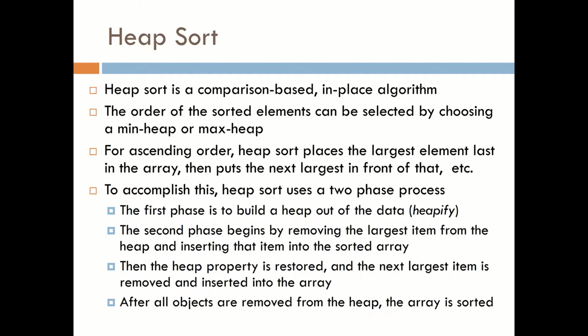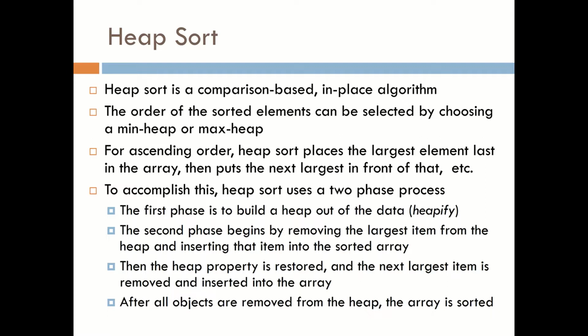So to do this, we use a two-step process. We begin with an unsorted non-heap array, and the first thing we do is we heapify it. In this case, we'll cover an ascending order sort, so we will heapify it into a max heap.